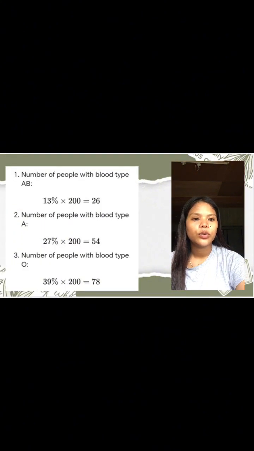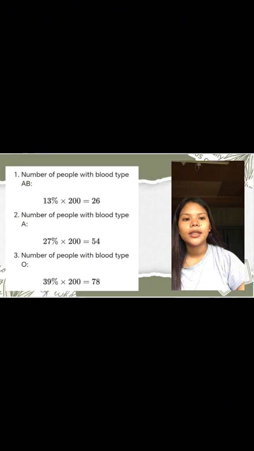To answer this, the number of people with blood type AB: 13% times 200 is 26. Number 2, the number of people with blood type A: 27% times 200 equals 54.